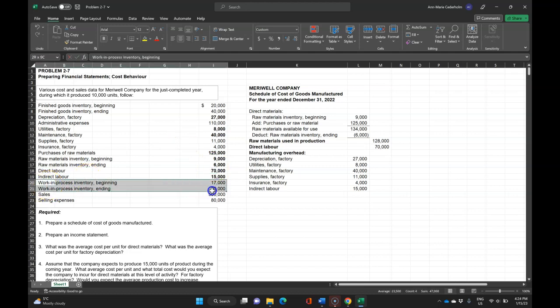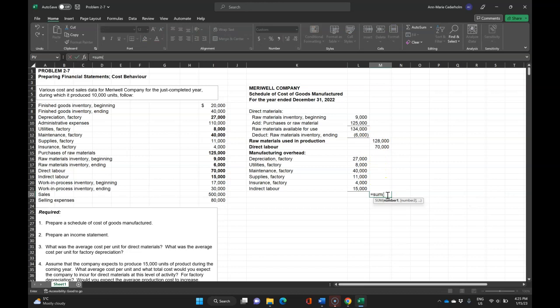These are inventory accounts, so I won't include them under this heading. Sales, that's sales and selling expenses, that's a period cost. So I believe I've got all of my manufacturing overhead costs, so I'll just add those up. And that is total overhead costs.